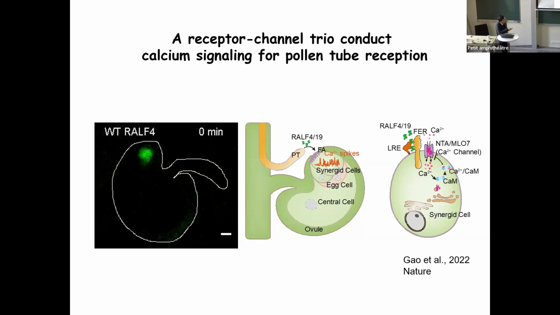And then that co-receptor recruits a third component, NTA, which is actually a calcium channel. And then the calcium gets into the cell. When the calcium reaches a certain level, it binds calmodulin. In this case, calmodulin binds to the channel and shuts the channel down, basically closes the channel. So you will have up and down, up and down. This is, again, an auto-regulatory process. Calcium serves as its own pacemaker.